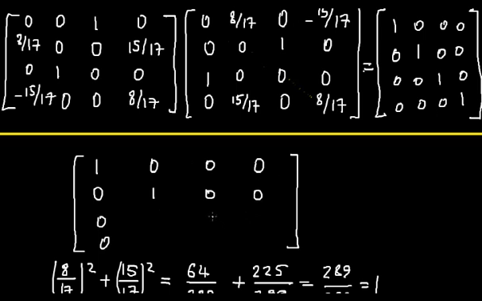And we still have to check whether this is 1 and that is 1 or not. So that leaves us to check this entry as well. But then the other entries are 0, 0.